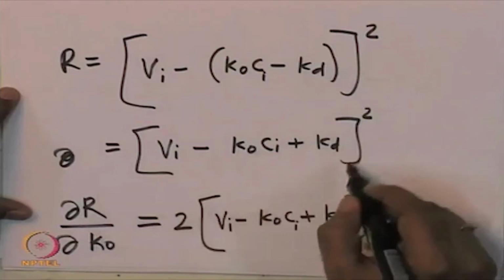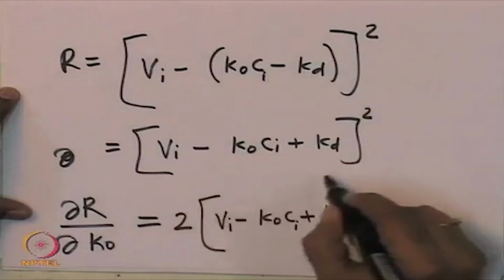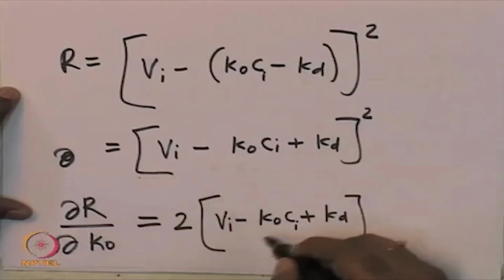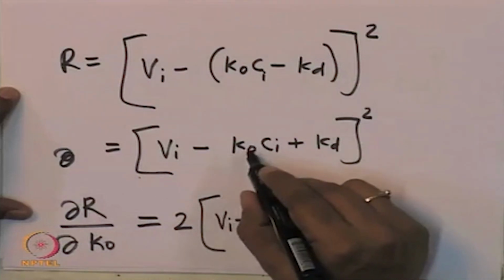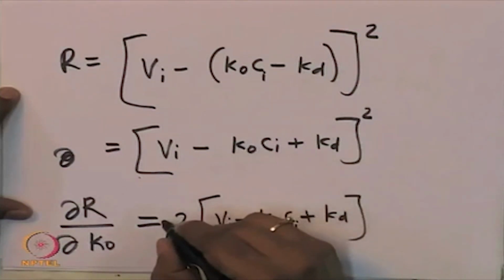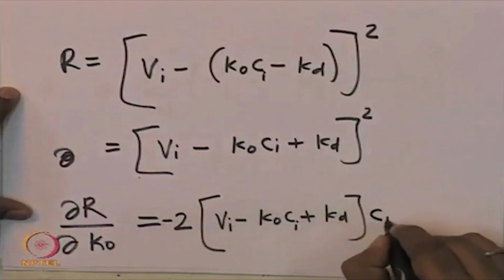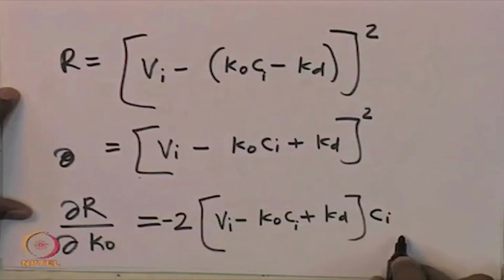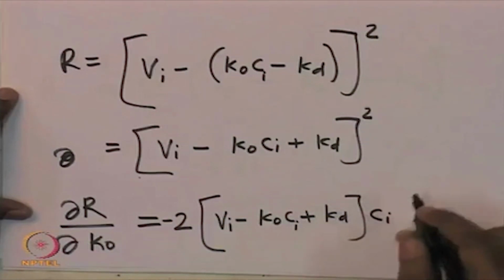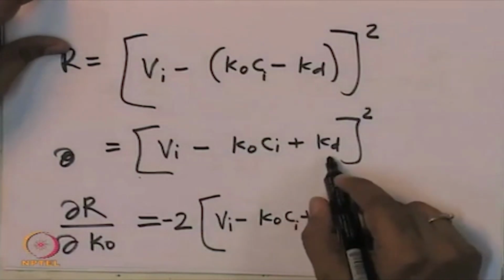So, this is the function, and find the derivative of this. So, the square is this, and then the derivative of the inside: the derivative with respect to k0 will be minus Ci. So, there will be a minus sign and there is a Ci. So, this is del R by del k0. Now, what is del R by del kd?